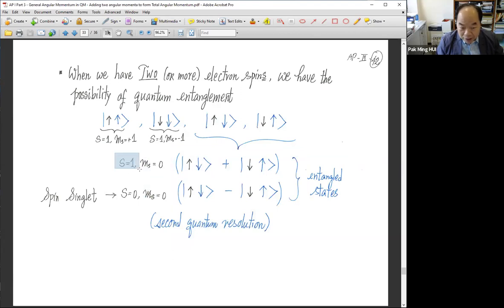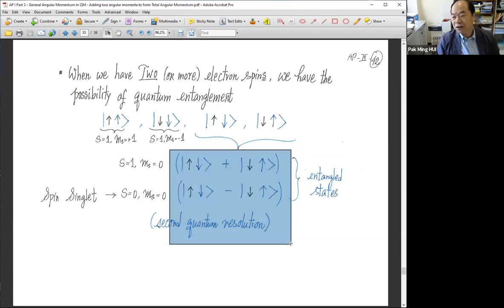However, one has a longer magnitude, one has 0 magnitude. And these two spin linear combinations is very profound in terms of modern efforts in quantum mechanics. They are examples of entangled states.